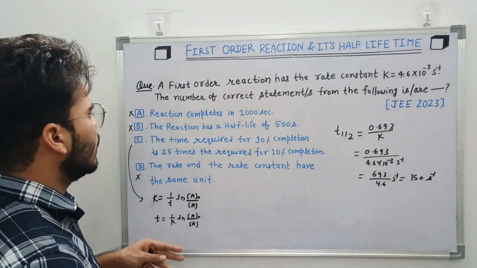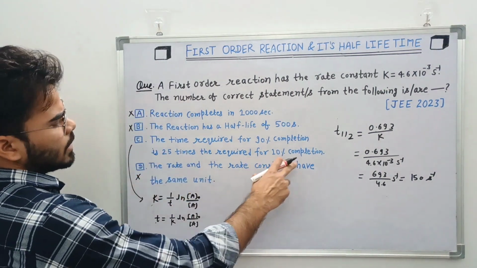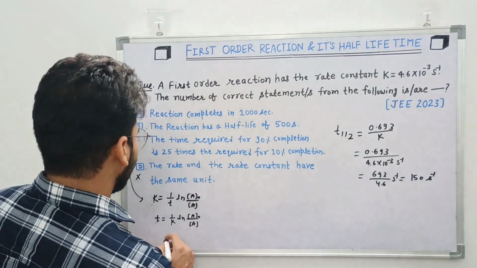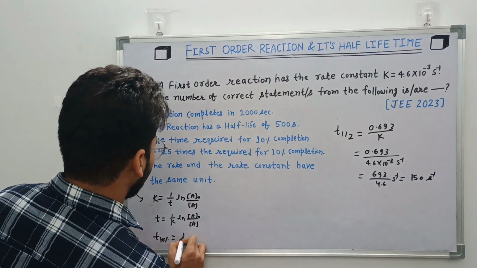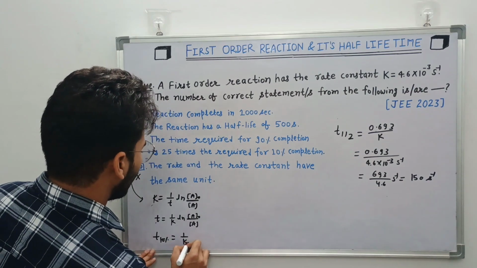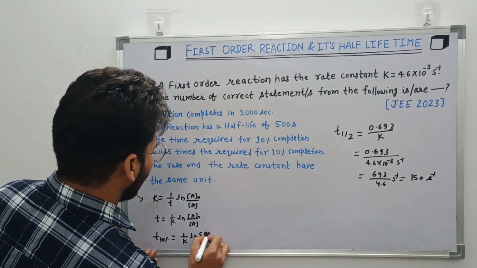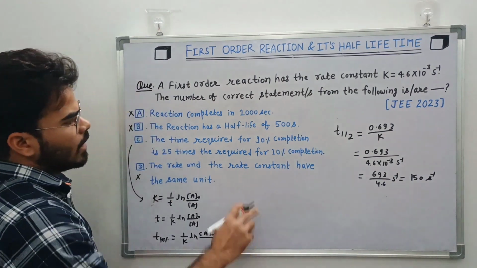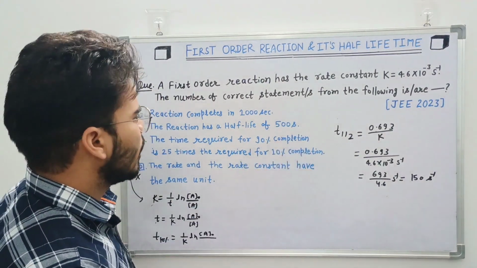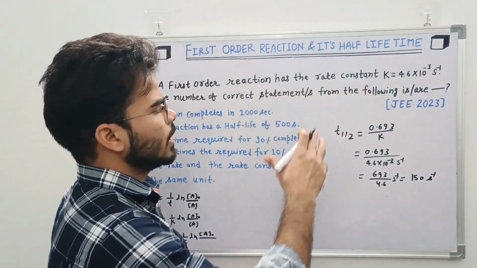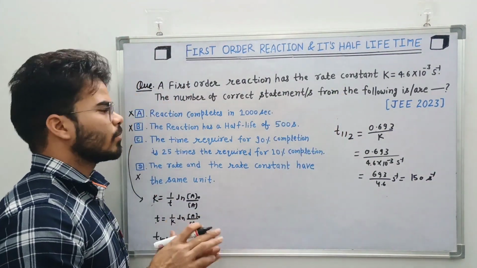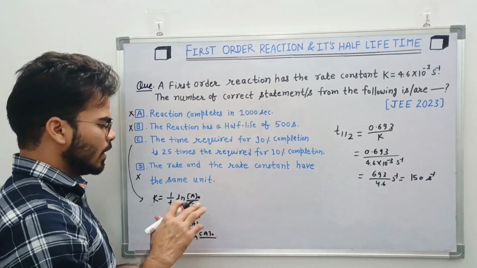When we want to find the time required for 10% completion, we write T as T 10%. T 10% is equal to 1 upon K ln A0 upon A. 10% completion means 10% of the reactant is converted into product, then 90% concentration of reactant is remaining.